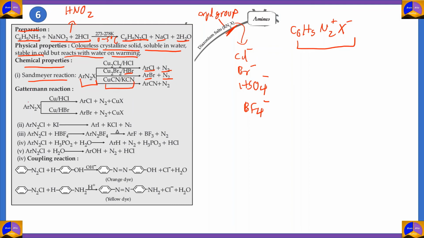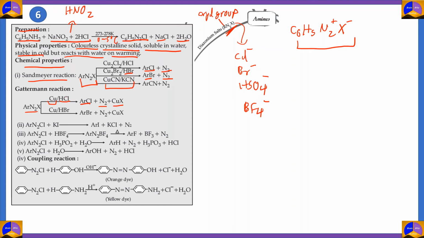So let's look at the next reaction, which is Gattermann's reaction. In Sandmeyer's reaction, we used the chloride of the metal. However, in Gattermann's reaction, we use the metal itself, so basically copper with hydrochloric acid. We react this system with the diazonium salt to form an aryl chloride and nitrogen, but it also forms a cuprous halide.